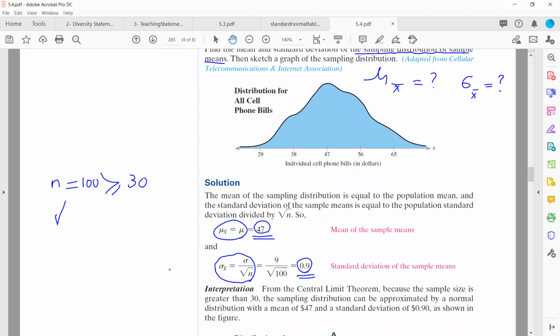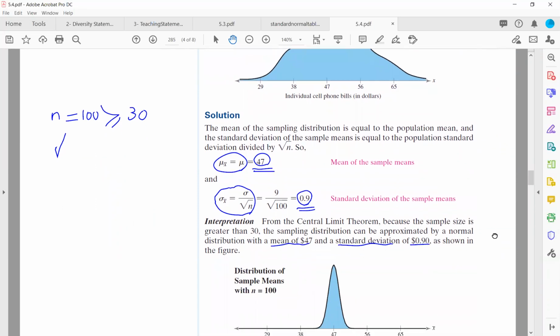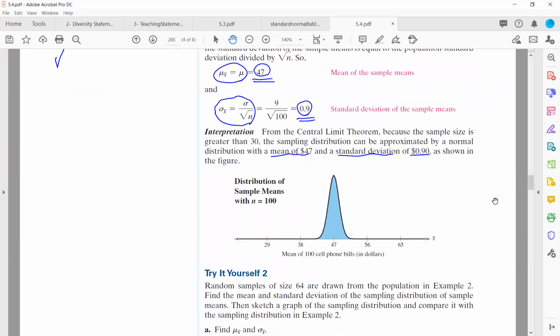From the central limit theorem, because the sample size is greater than 30, the sampling distribution can be approximated by a normal distribution with mean 47 and standard deviation 0.9. The graph of the sampling distribution is like this.